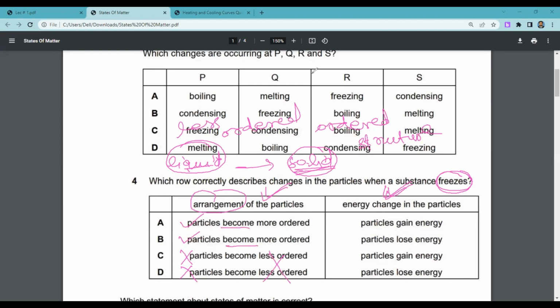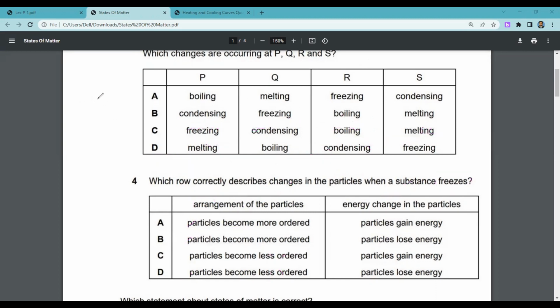Second, the energy change in particles. You also know that when a liquid is converting into a solid, this will occur when we decrease temperature.